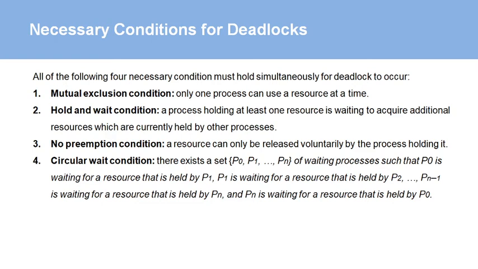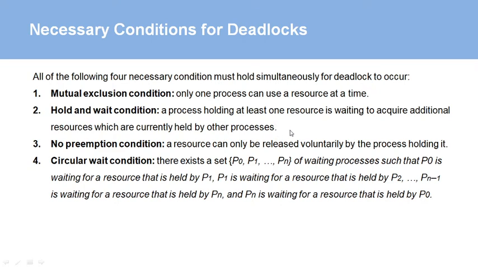Necessary conditions for deadlock. These are the conditions that must hold simultaneously for a deadlock to occur. First is the mutual exclusion condition, which means there is no sharing; only one process can use a resource at a time. Next is the hold and wait condition. A process holding at least one resource is waiting to acquire an additional resource which is currently held by other processes.